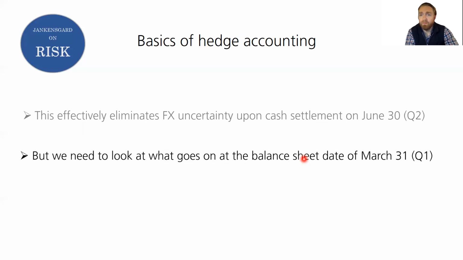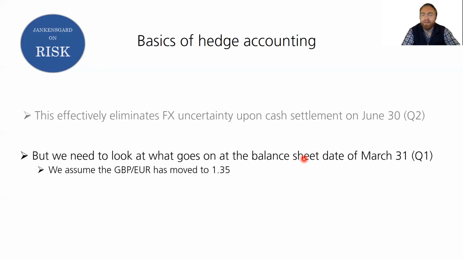So from a strictly economic point of view, it's an effective hedge, right? You achieve your objective, which is to get rid of the impact of market risk on your business transaction in the receivable. But okay, so let's see here what happens then in the next quarter, in between.